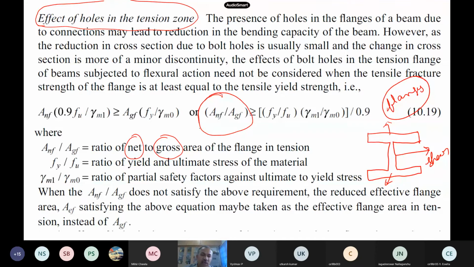If this ratio is greater than Fy by Fu times gamma M1 by gamma M0, these are all the safety factors, and this is 0.9. Where does this 0.9 come from? You remember 0.9 times Fu.